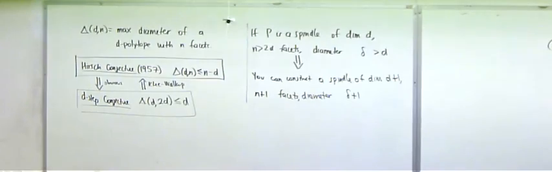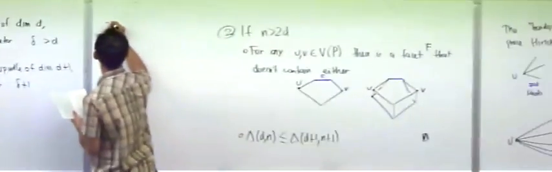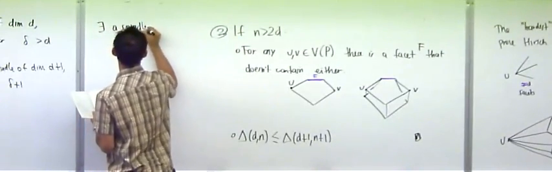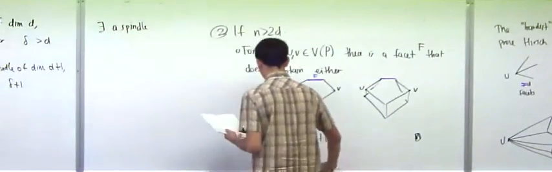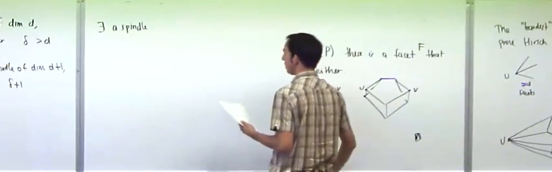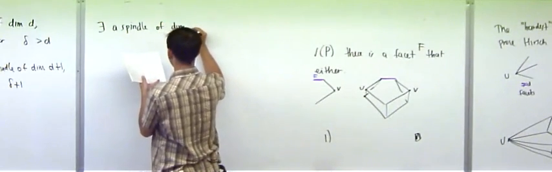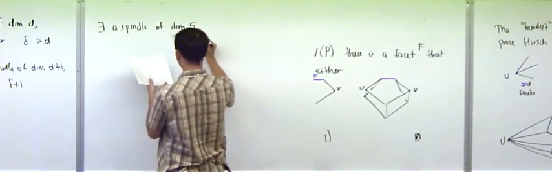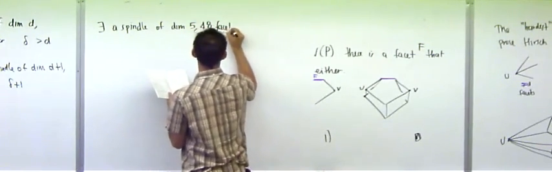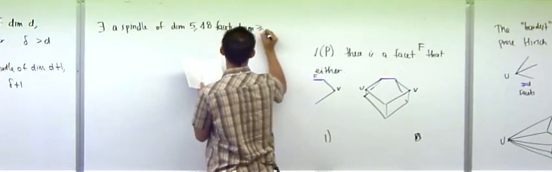And then finally what he proved, and he actually constructed, was a spindle of dimension 5, 48 facets, and diameter at least 6.